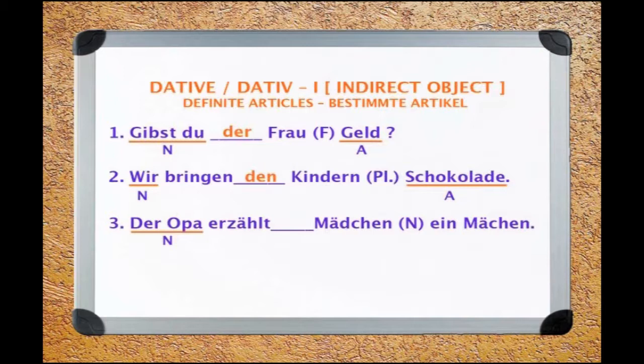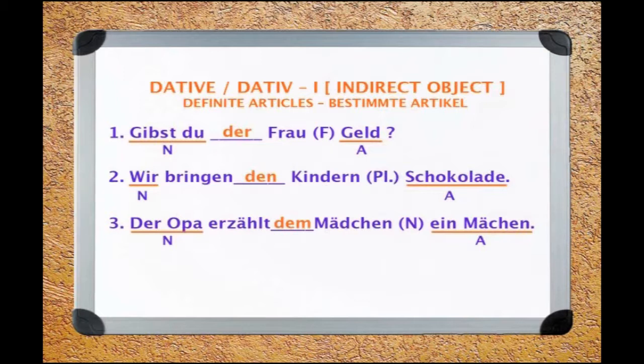Who narrates what, and that what becomes, as you know, the accusative, the direct object, which is ein Märchen, and to whom it is narrated, that person becomes dative, and here that person is Mädchen, which means a young girl. You know the article of Mädchen is das Mädchen, and that it belongs therefore to the neuter gender, and das in dative becomes dem.